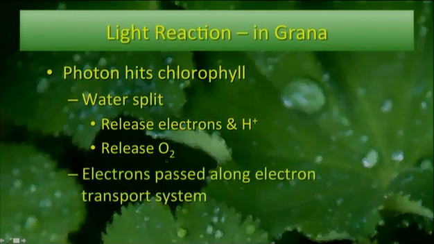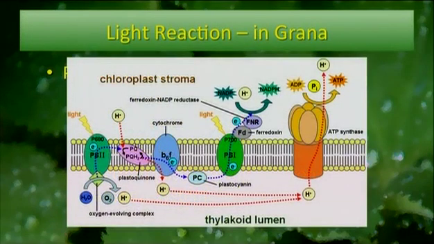So the electrons are then passed along an electron transport system. Here you have the electron transport system. So we have water, which comes in, split by light, oxygen gas being given off, hydrogen ions being generated, and you have here electrons being excited in this photosystem 2.